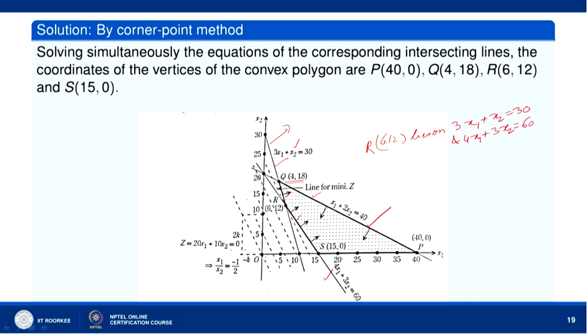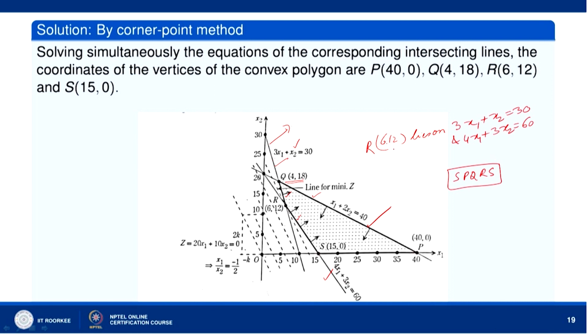The convex polygon is S P Q R S. This convex polygon is the feasible region.